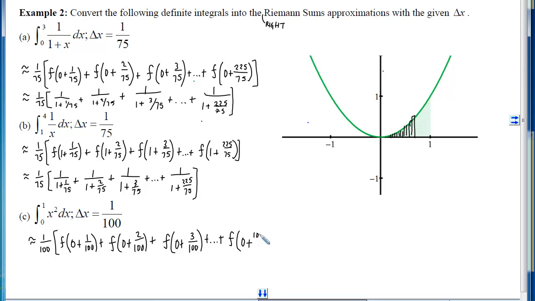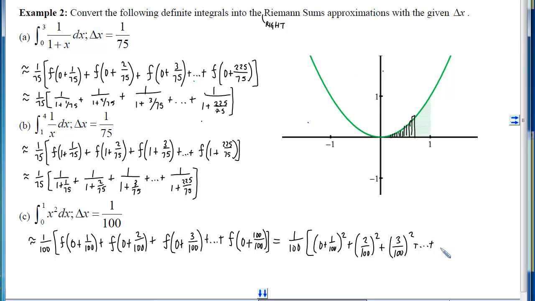Well, that is 100 of those hundredths. If I rewrite that now as function outputs, I will have 1 over 100 times 0 plus (1/100) squared, plus (2/100) squared, plus (3/100) squared, and on to my final one.